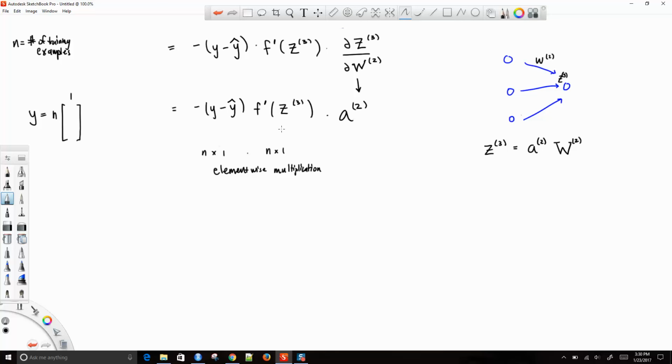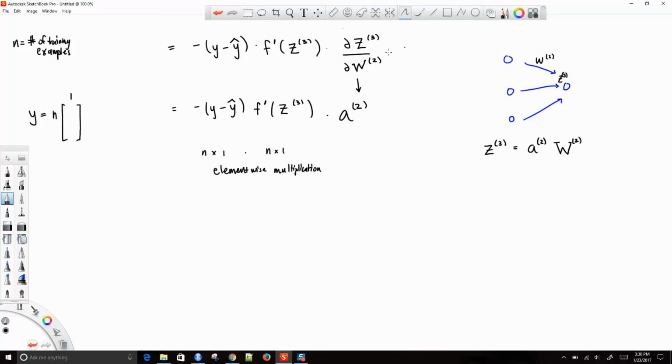Is that a multiplication issue, n by 1 times n by 1? We're doing element-wise multiplication, not matrix multiplication. The first element goes with the first element, the second with the second, the nth element with the nth element.